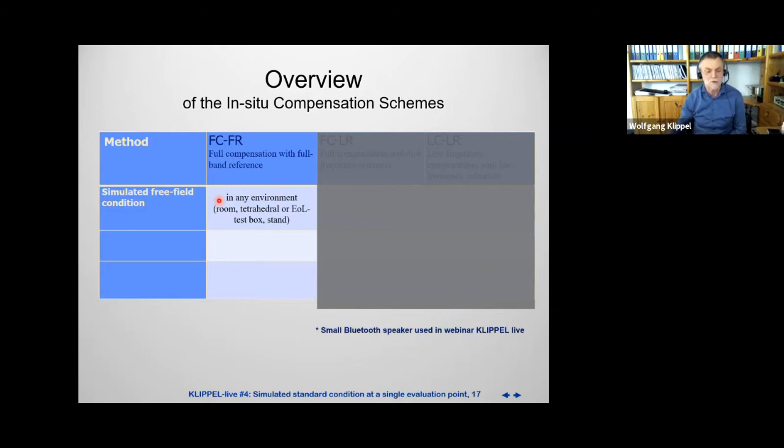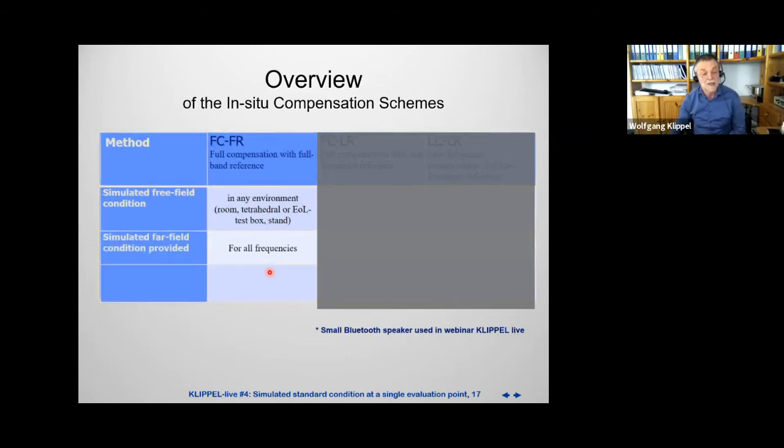So it might be a room, a poor anechoic room, a good anechoic room, it doesn't matter, or a very bad office. It might also be a test box, a tetrahedral or a QC end of line test box. It might also be a stand, you know?